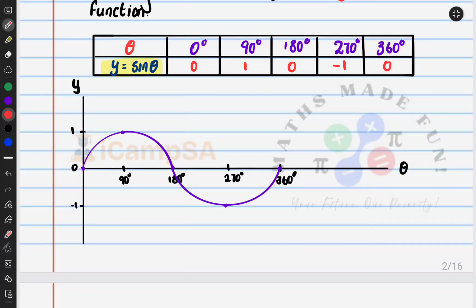That tells us it takes 360 degrees for this function to start repeating itself. So from 0 to 360 degrees, the function has completed a cycle, and that cycle is called a period. You will see that once we get into the characteristics of the trigonometric function. I just wanted to touch on that.